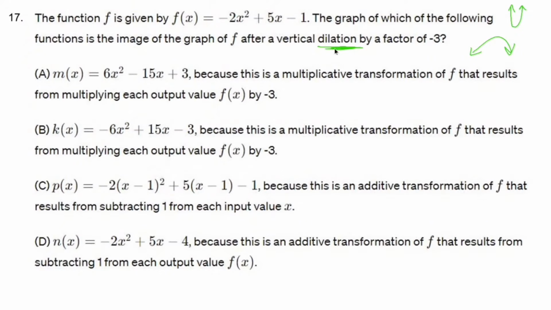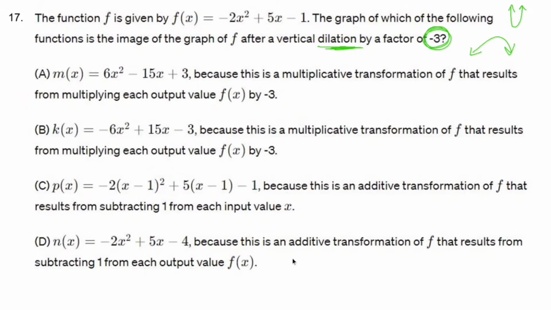Now, what negative 3 does is it makes it skinnier and also flips it upside down. This is not to be confused with a vertical translation, which moves it downward. This is a vertical dilation. What you do with a vertical dilation is whatever function you have, you multiply that number to the entire function.